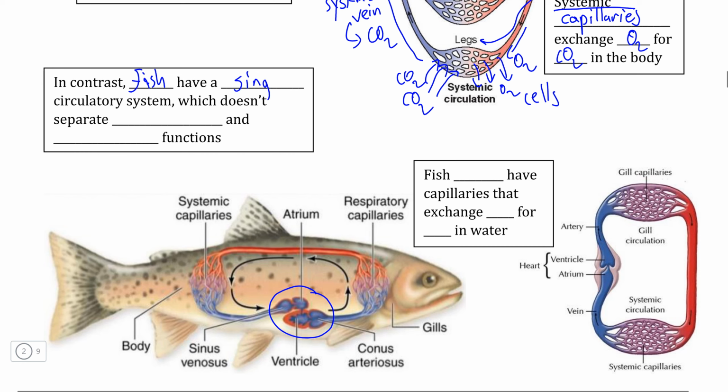So this is what we call a single circulatory system, and we can see here that it doesn't actually have separate circuits for pulmonary and systemic functions.